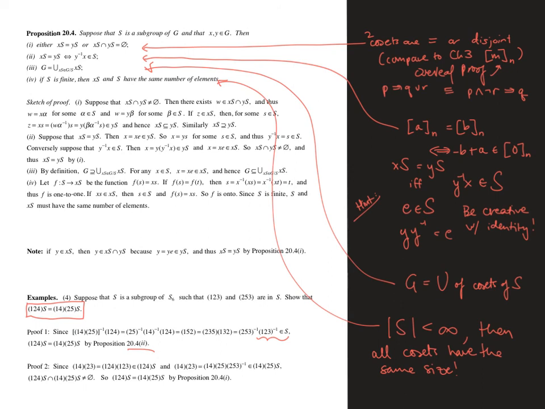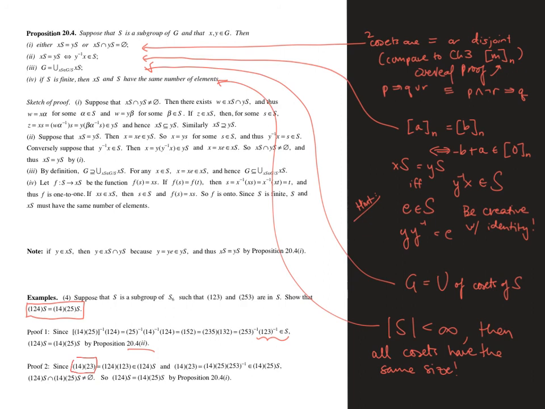We could also look for an element in common to both of those cosets and use 20.4 part 1 to say that since they have an element in common, they must not be disjoint, which means that they have to be equal. The way that this proof proceeds is by showing that the element (1 4 2 3) belongs to both cosets.